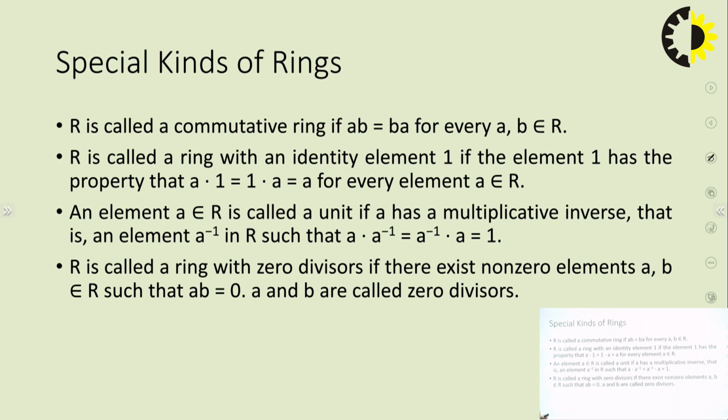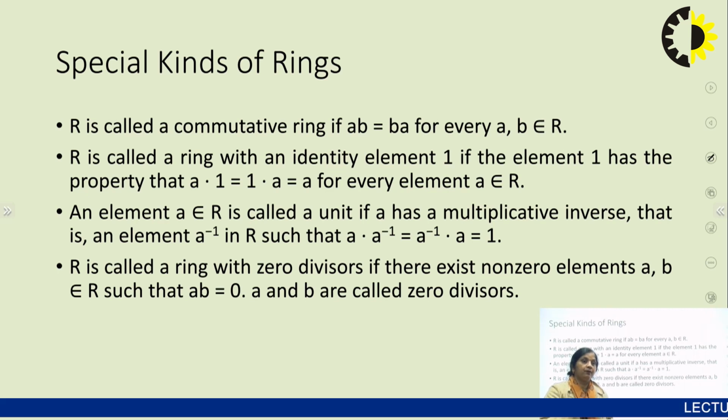Now, if we talk about the second operation of the ring, what is the second operation? That is multiplication. With respect to multiplication, the ring is associative, and the multiplication operation is distributive over addition.